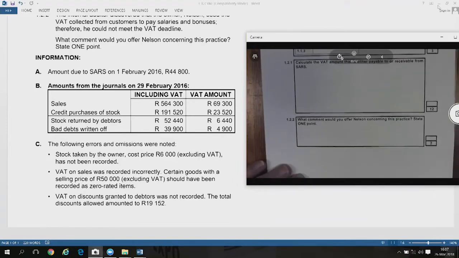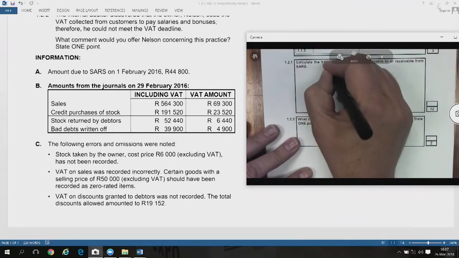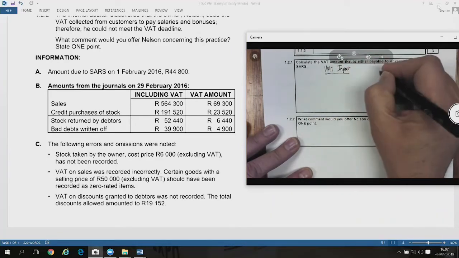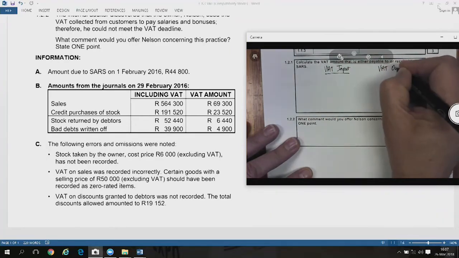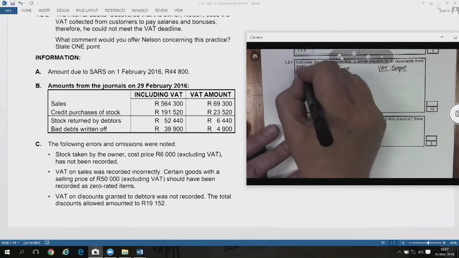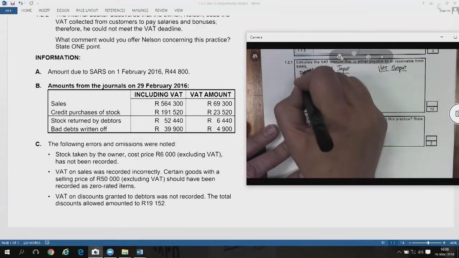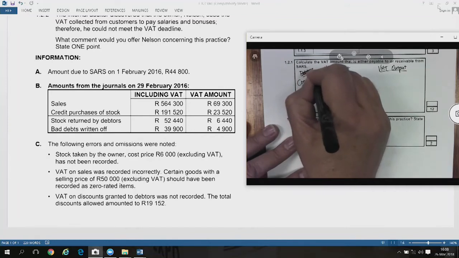I prefer a VAT input column, and I do a VAT output column. And I say, remember, input is creditors, we bought from creditors.